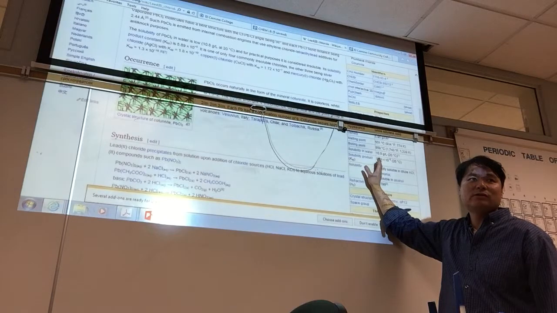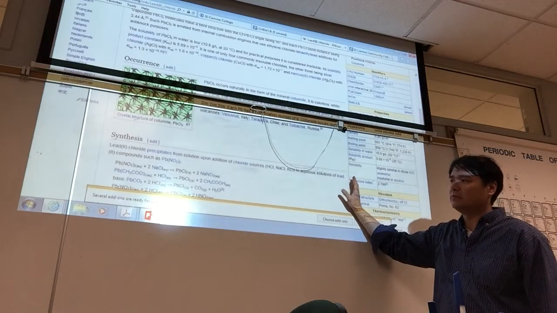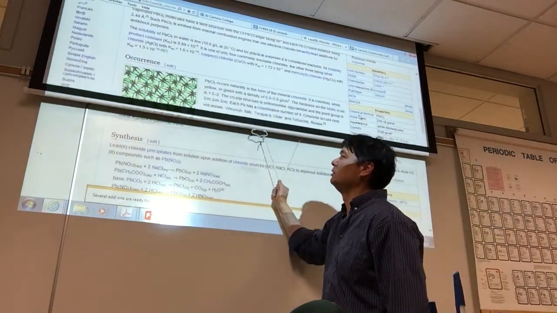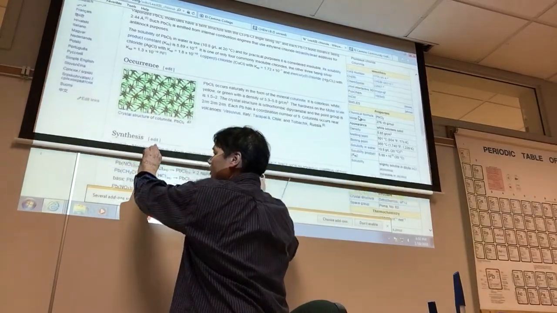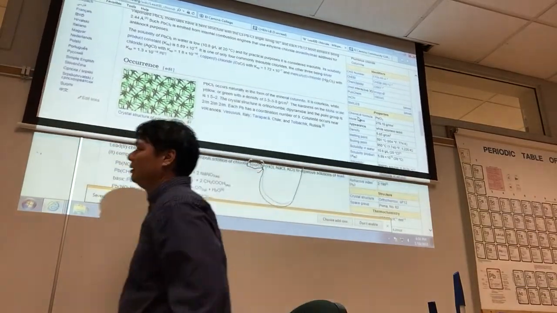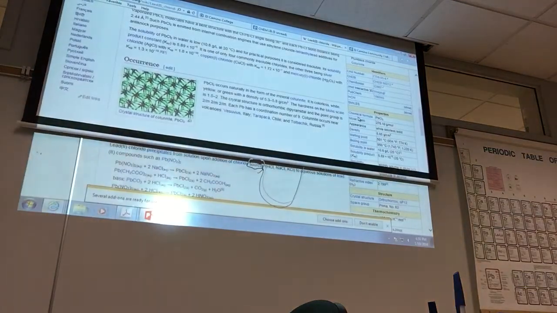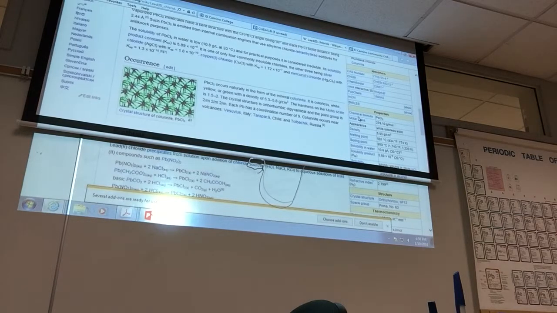And so we have to refine or come up with a more detailed picture of the bonding in PbCl2 versus the bonding in PbI2, or have a better understanding of what increases or decreases the solubility of this particular species in water.